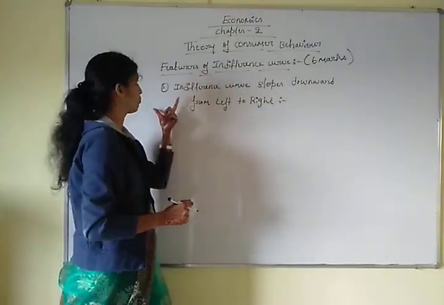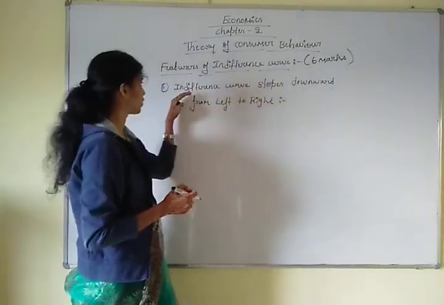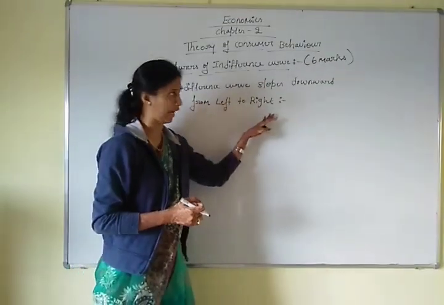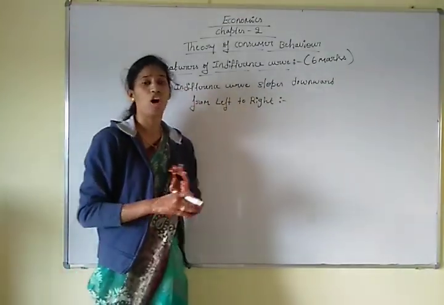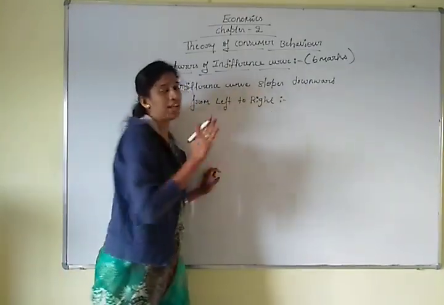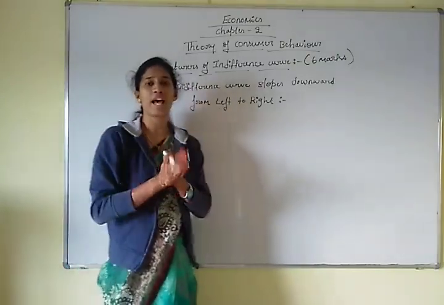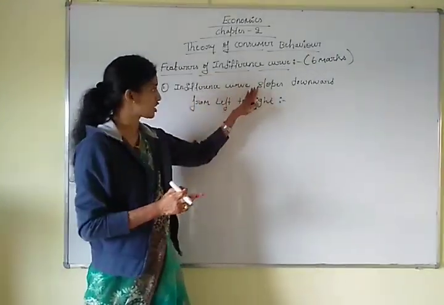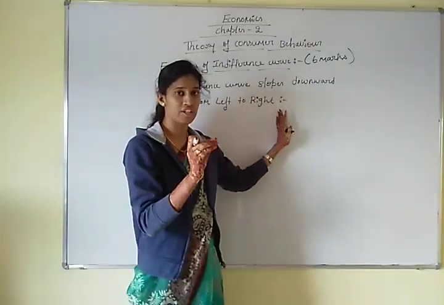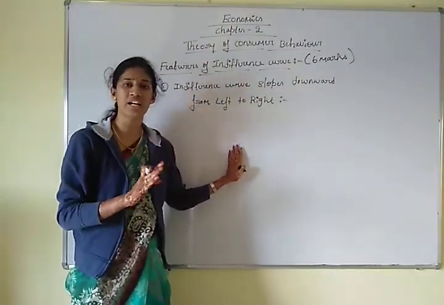The first important feature or property of indifference curve is that it slopes downward from left to right, and it is a negative sloped curve because the consumer has a limited income.